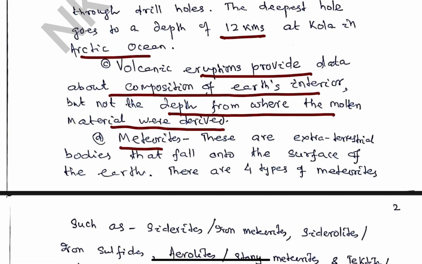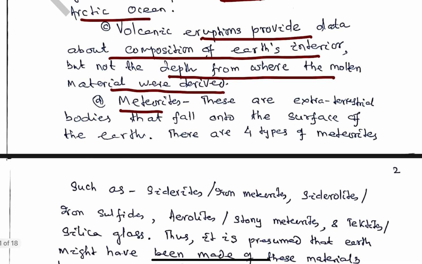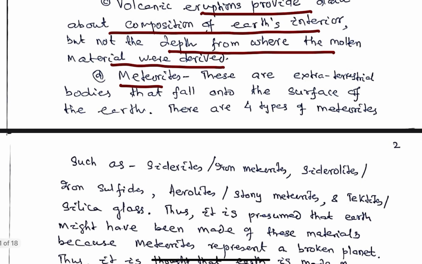Similarly, meteorites. Meteorites are extraterrestrial bodies which are falling onto the surface of the earth every now and then, and there are some meteorites which are very big in size and are found to fall to the surface of the earth, and all other meteorites are found to be burnt in the atmosphere because of the friction with the earth's atmosphere, totally burnt before they touch the surface of the earth.